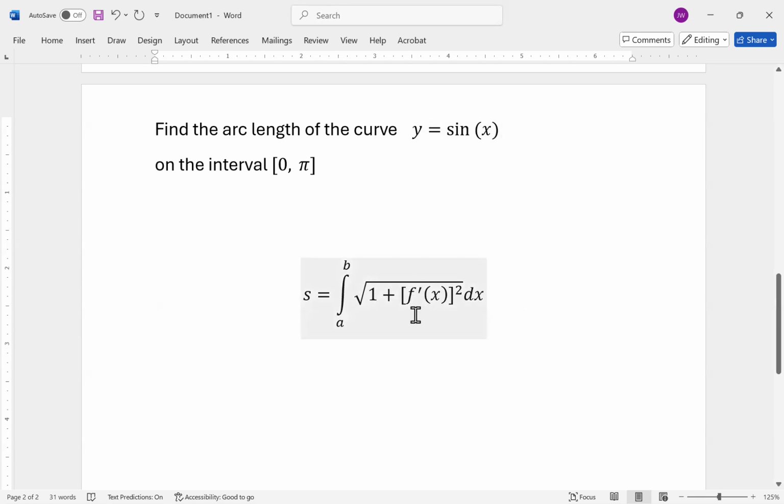Now, I need to take the derivative. Sometimes, just for the sake of speed, I don't rewrite it as f of x. I just write y equals sine of x, and then I write y prime as the derivative. The derivative of sine, obviously, is cosine.